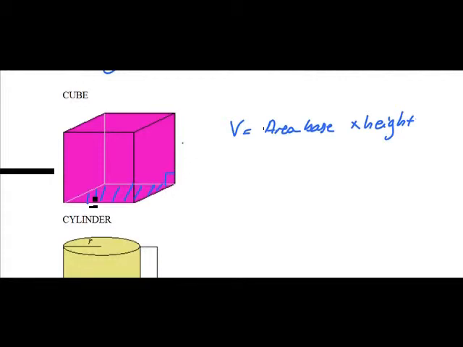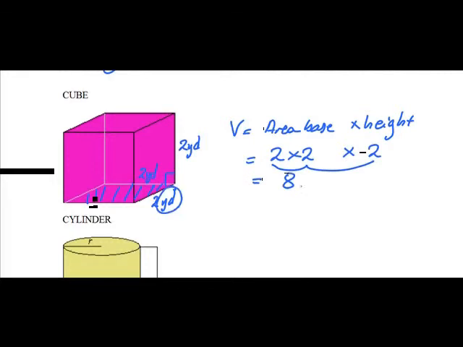So let's say we assume these are 2 yards, 2 yards, and then 2 yards. Now what do you have? You're going to have area of the base, which is 2 times 2, and the height happens to be 2. 2 times 2 from left to right times 2 is 8. 8 what? It's going to be yard cube, or you can write 8 cubic yard.